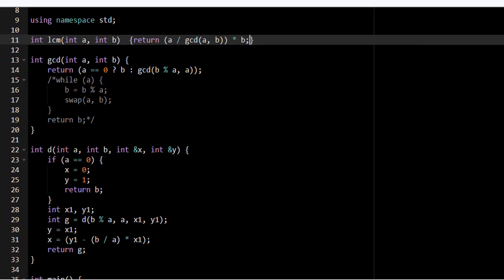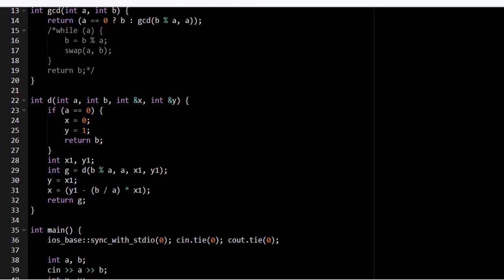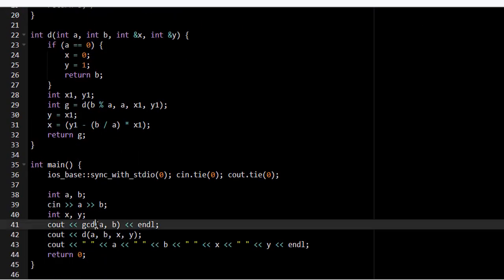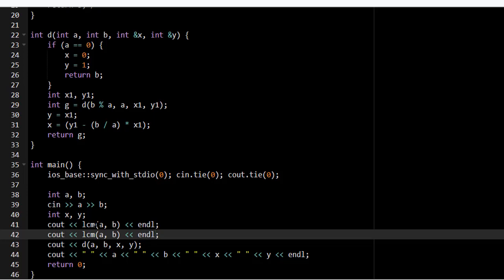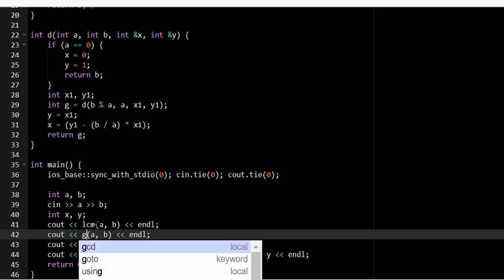Okay, so we are going to also print the lowest common multiple of a and b. This is just for you to see the correctness of our code.